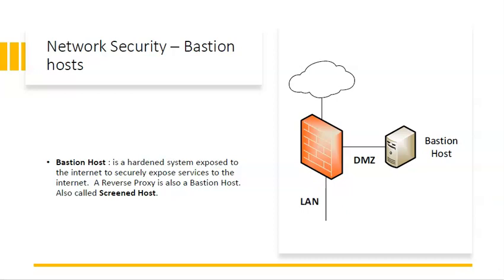It means except for that particular specific purpose, we will remove everything from that particular system. So we can say it is hardened, and normally we keep these kinds of systems outside of the firewall or within the DMZ, demilitarized zone, because normally they require connection to the untrusted network, and untrusted network here means the internet.